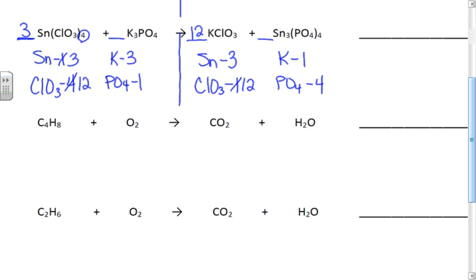So when we changed that, it also changed how many Ks we have, potassiums, to 12. But if we look back on the reactant side, we only have 3. So what can we multiply 3 by in order to get 12? We can multiply it times 4. So that'll fix the potassium, but it'll also change how many of those phosphates I have.